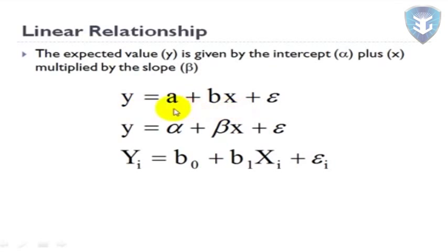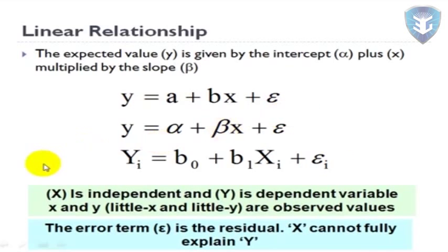This formula, intercept plus slope multiplied by x, is just a prediction of y. The actual y is going to be some error off of that. So, to summarize, x is the independent, y is the dependent, and the error term is the residual that reminds us x tries to explain y, but cannot fully explain y.